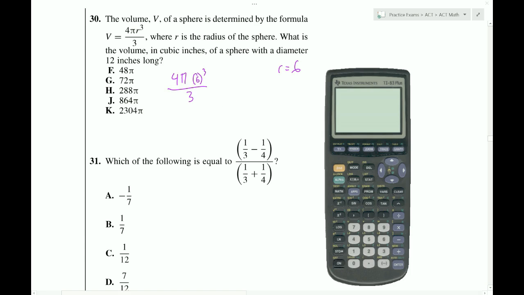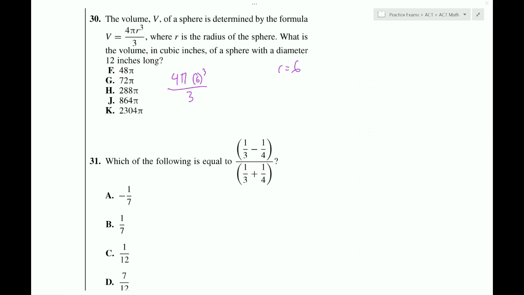Alright, so calculator: 4 times pi, times 6 to the third, divide by 3. So you get 904. Oh, and I wasn't supposed to multiply the pi in, so I'm going to divide by the pi. And I get 288 pi.